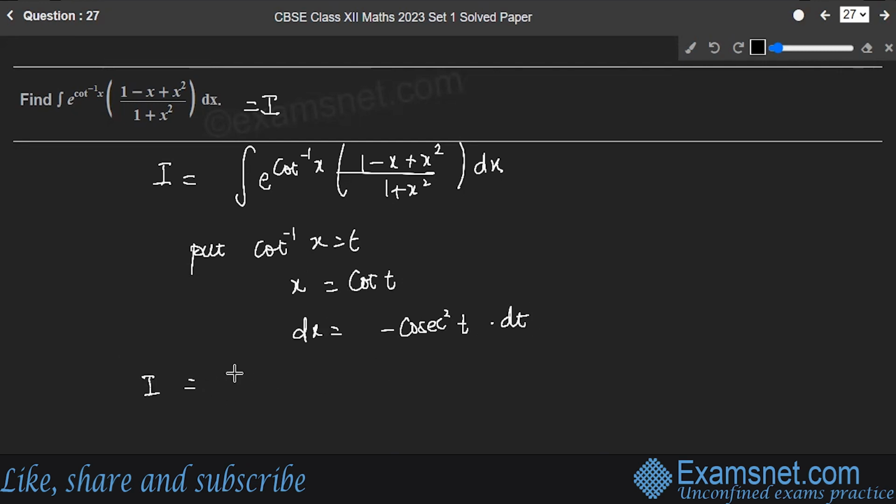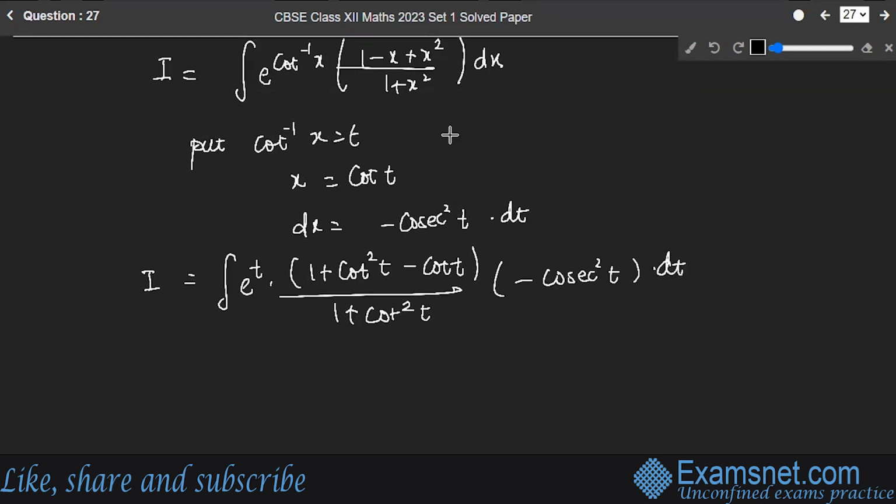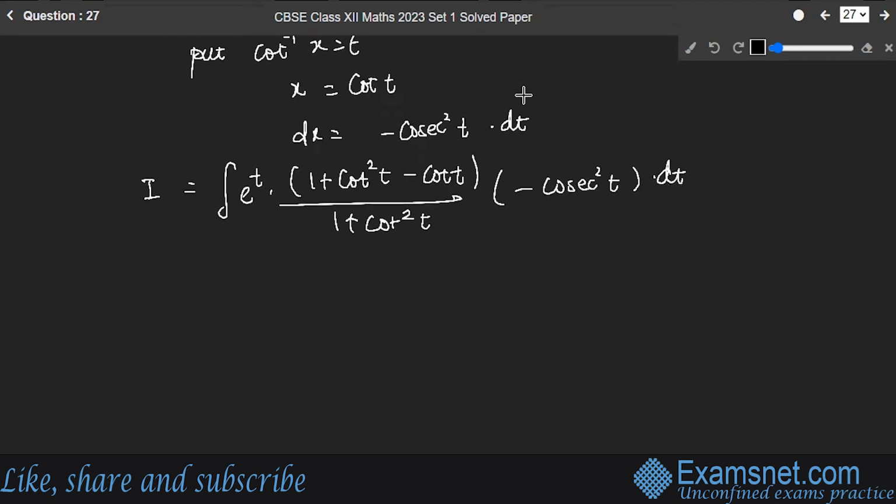So this integral is e raised to power t into, I can write it like, 1 plus cot square t minus cot t divided by 1 plus cot square t into minus cosecant square t dt. I hope you're getting this right. I have filled in the value of x as cot t in this equation at every place. Okay.